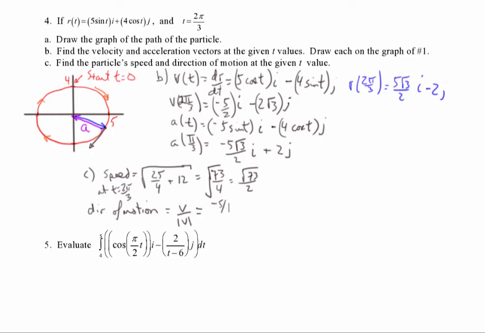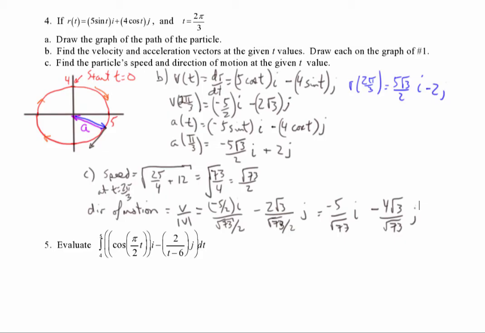So we'll have negative 5 halves i over root 73 over 2 minus 2 root 3 over root 73 over 2 j. Simplify that to negative 5 over root 73 i, and then minus 4 root 3 over root 73 j. And that's it for that one.